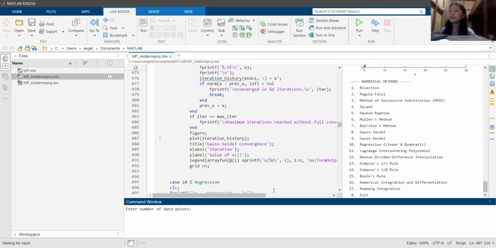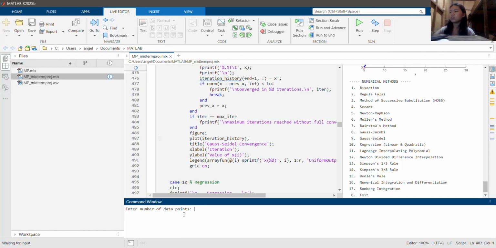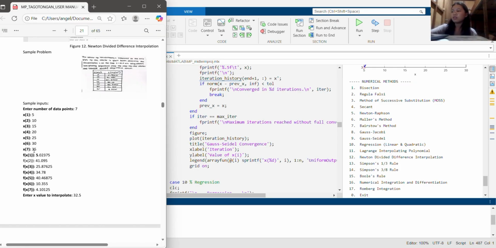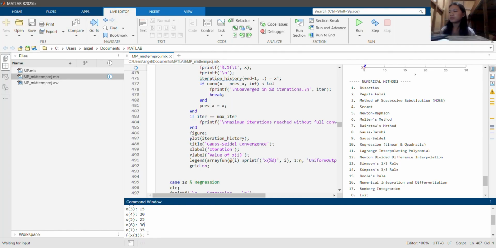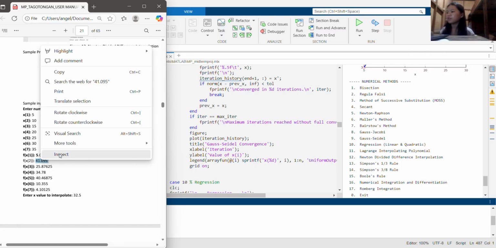Next is the Newton divided difference interpolation, which is number 12 in the choices. Again, it's going to ask for the data points, and we're going to enter 7 for it, and 5, 10, 15, 20, 25, 25, 26, 41, 5.